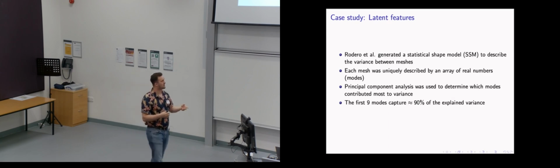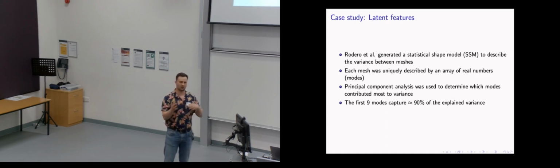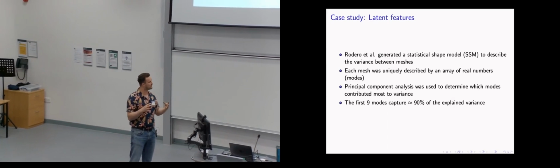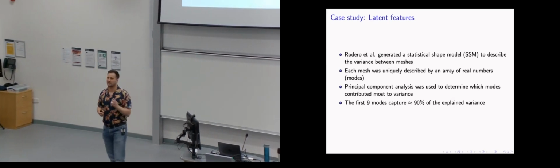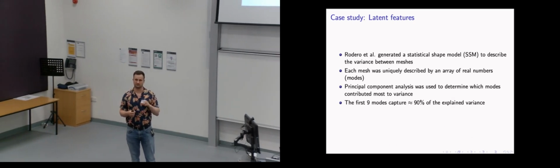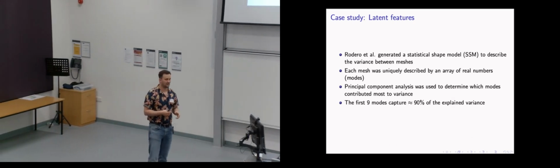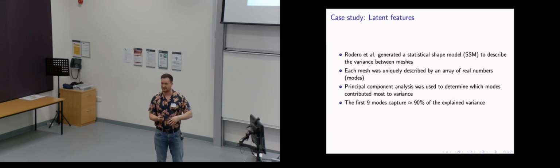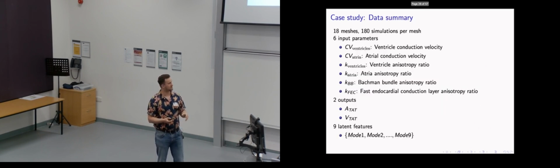That describes your heart in an array of real numbers, which we call modes. They then applied a principal component analysis to determine which modes contributed most to the variance in the hearts. The first 9 modes capture 90% of our explained variance, so we use those first 9 as our latent features.